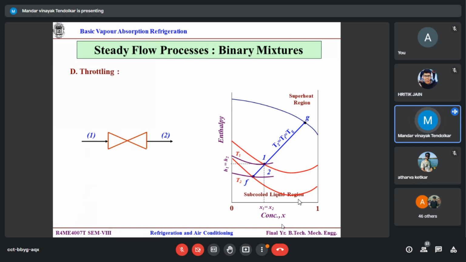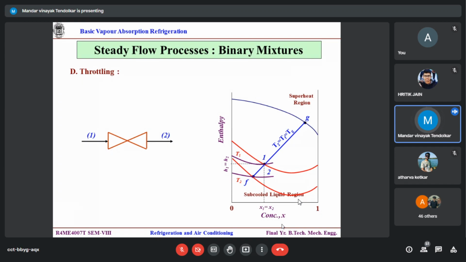Right? So we have to find out F2G; 1 is equal to 2, that is the same, because X1 equals X2, H1 equals H2. But your point 1 corresponds to one particular pressure and temperature. Let's say saturated 1, so some P1 and T1. After the expansion, P1 reduces to P2. The point remains the same, the pressure is reduced. That means the lower pressure line, the lower red color line, we have to find out, or maybe it is given, whatever it is.